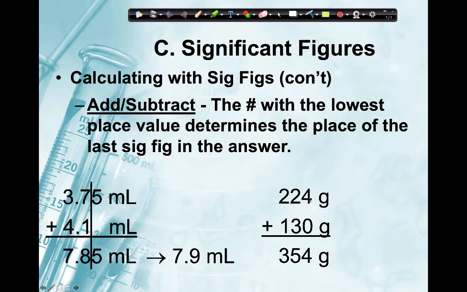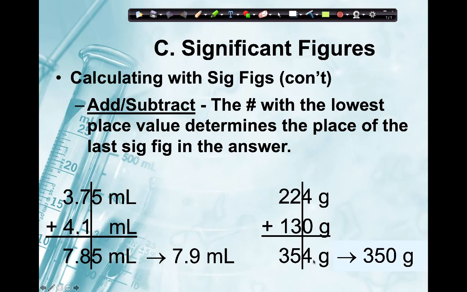So what we do is we say, okay, we have got a ones place, but this one has only got into the tens place. So I'm going to make sure that the last significant figure in the answer is the tens place here. So I've got a 4 after that, so I'm going to leave it as a 5. And then it rounds to 350.